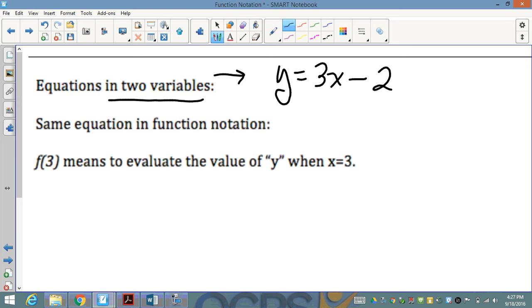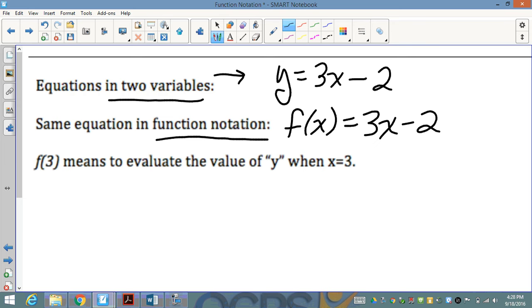So that is an equation in two variables. Now I'm going to take that same equation and change it to function notation. All I'm going to do is replace the y with f of x. So this is now read f of x equals 3x minus 2. 3 times x minus 2.